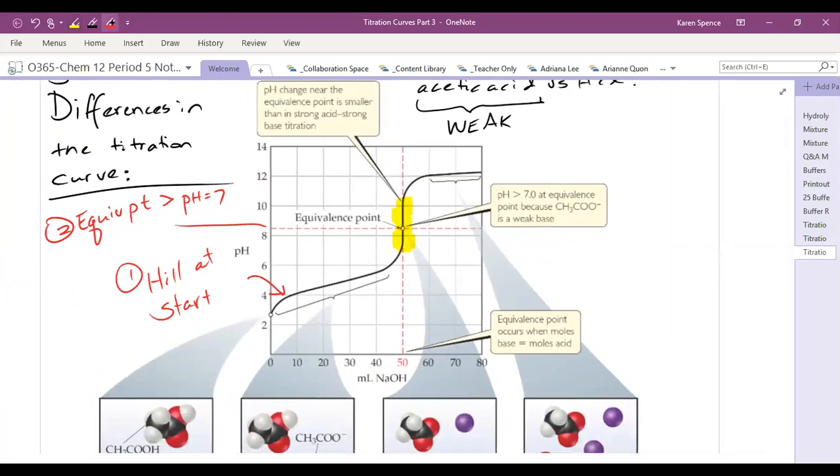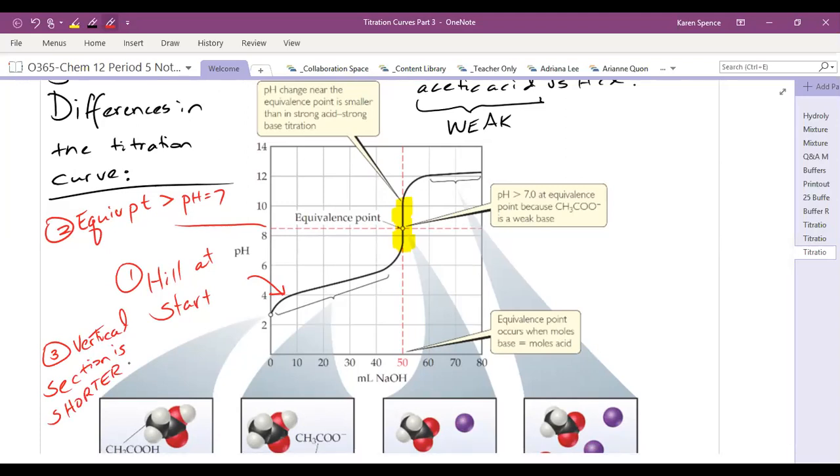So a third difference is that the vertical section is shorter.